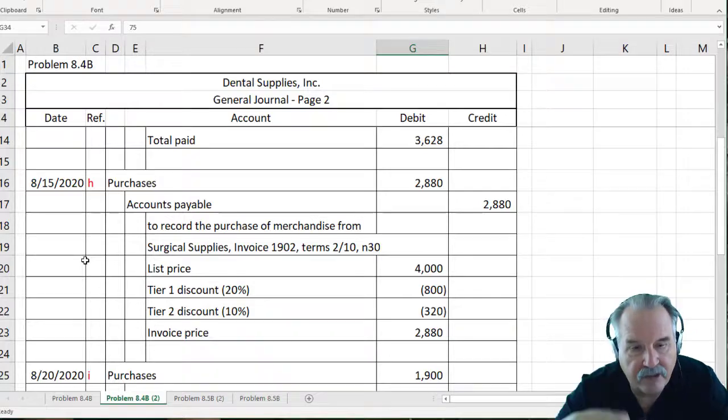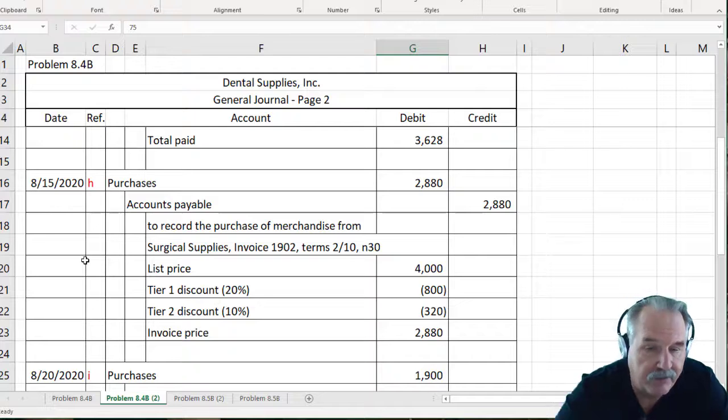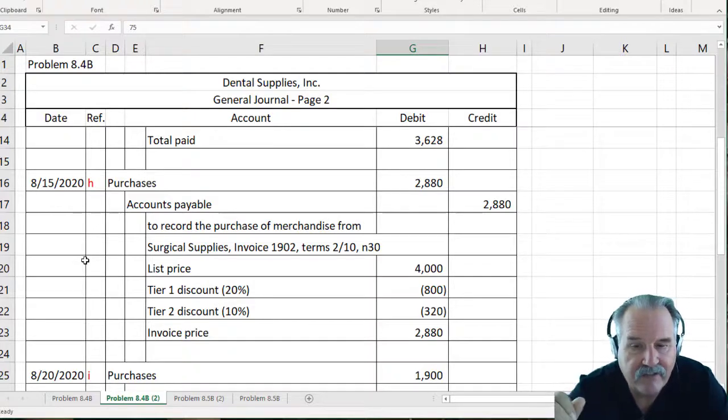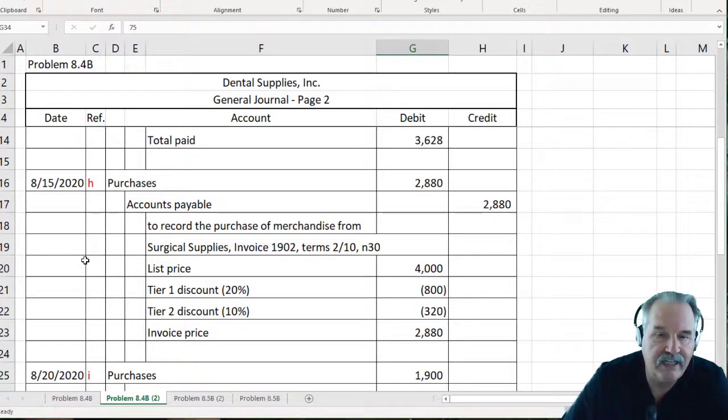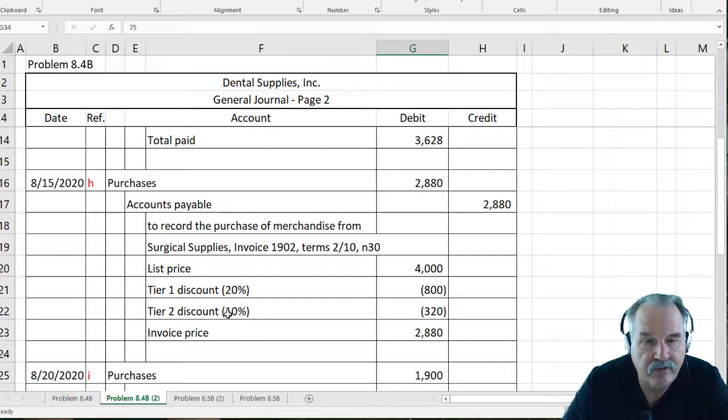So in this case we had a 2-tiered discount, 20%, and then 10%. So we take 20% of the $4,000 list price, subtract that to get $3,200 remaining, multiply that times 10%, and that's $320. So our invoice price is $28.80. Debit purchases, credit accounts payable. This is surgical supplies.